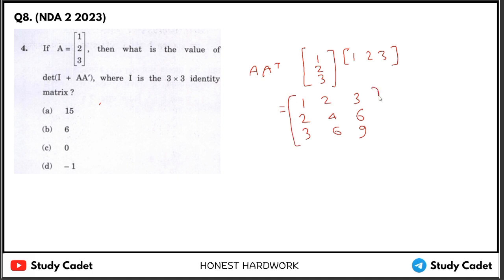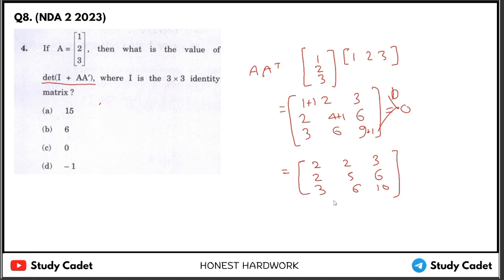This is our matrix, and the determinant of this matrix will be 0, because the rows are proportional. But we need to find the determinant of this one, so we need to add 1 to the diagonal elements. 1 plus 1 is 2, 4 plus 1 is 5, 9 plus 1 is 10, so it will be 2 2 3, 2 5 6, 3 6 10.